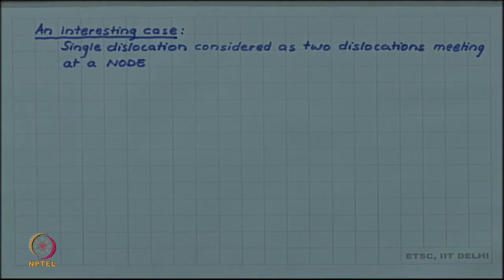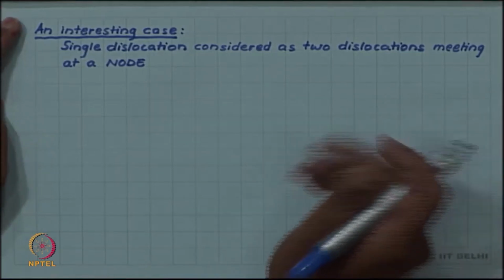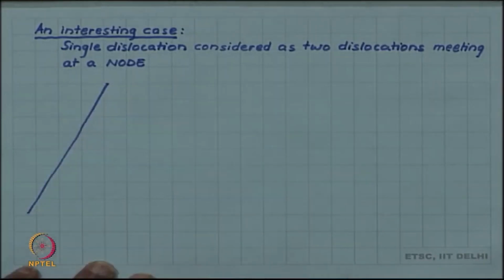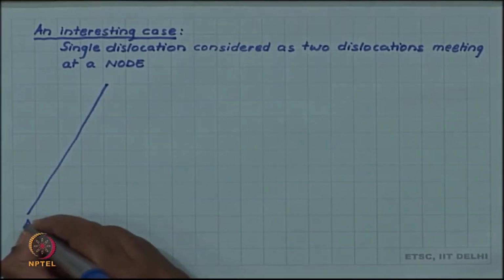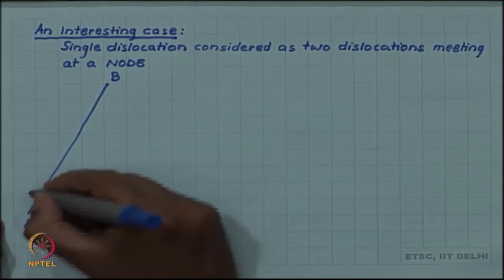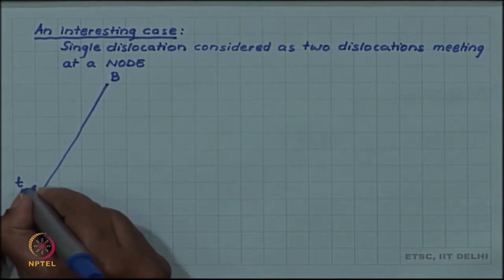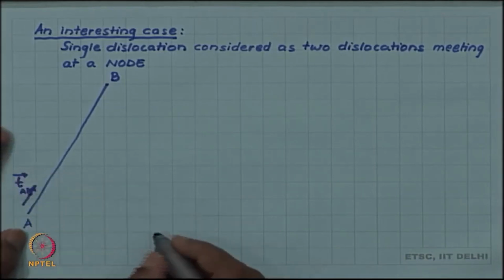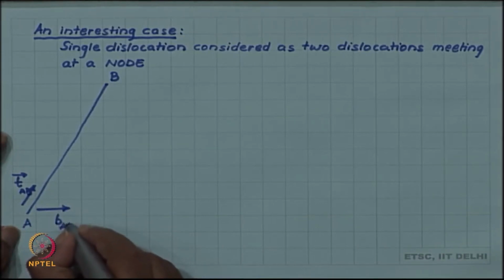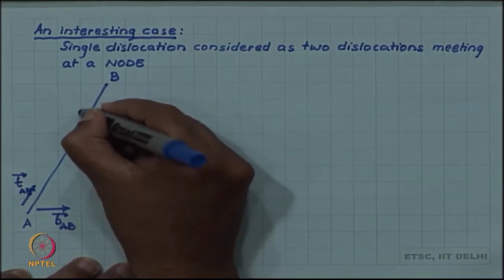An interesting case is to consider a single dislocation as two dislocations meeting at a node. So, let us consider there is a dislocation line AB. It has a tangent vector t_AB and has a Burgers vector b_AB.